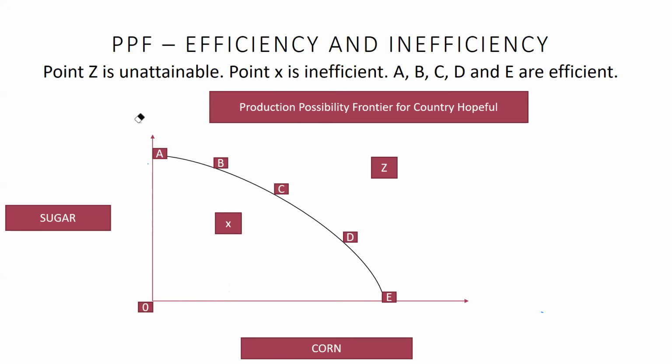So this point inside of the curve is what you call being inefficient. So Z, I don't have enough resources, so it's unattainable. And X, I'm not using all of my resources, so I'm being inefficient. Only points on the curve itself am I using all of my resources. Only points on the curve itself.